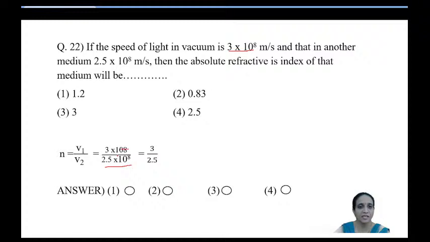So this will get cancelled. You get the answer 3 upon 2.5. When you solve this, you get the answer as 1.2. The correct option is the first option.